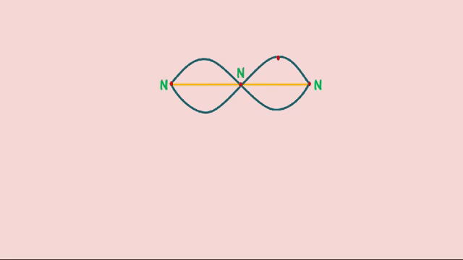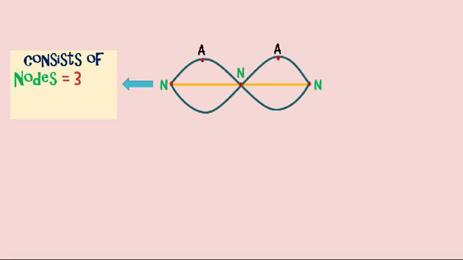Now consider the picture. In the middle, because it doesn't vibrate either, it is also called a node. So the wave in the picture consists of 3 nodes and 2 antinodes.